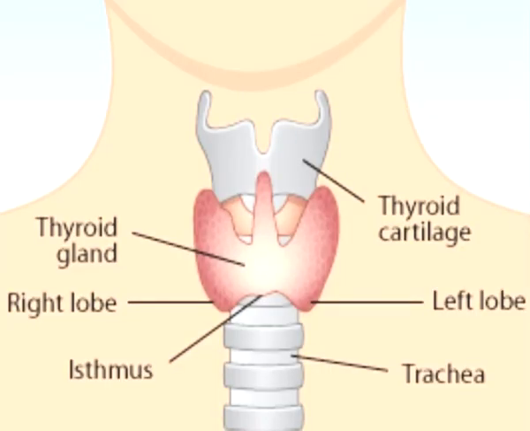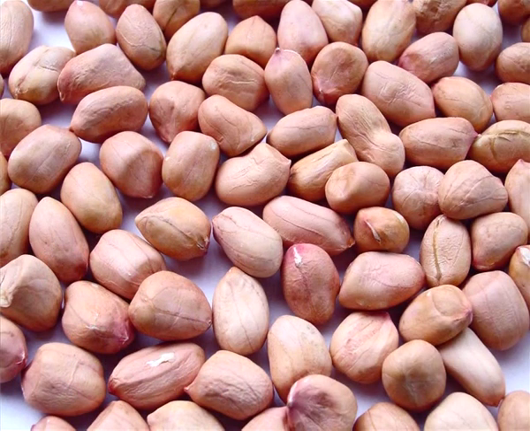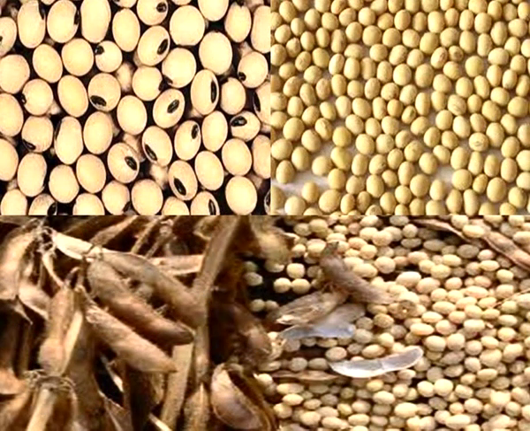We also have certain components called goitrogens. These are substances which prevent the thyroid gland from taking up iodine and cause a deficiency of iodine in the thyroid gland, and these are mostly found in groundnuts as well as soya beans, etc.